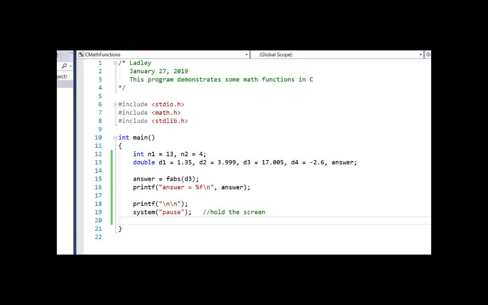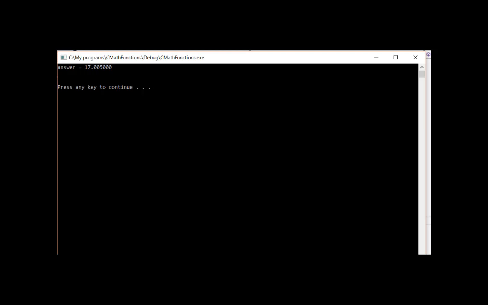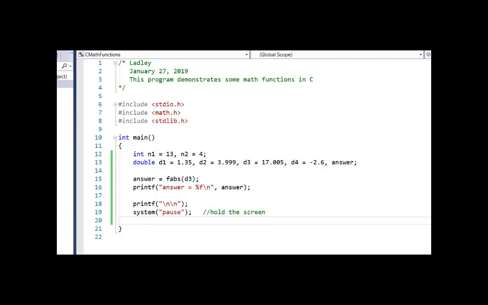One way to view absolute value is as the distance in units that some value is from 0 on a number line. So if I use a positive value as the argument, here D3, I get a positive answer because 17.005 is 17.005 units from 0 on the number line.